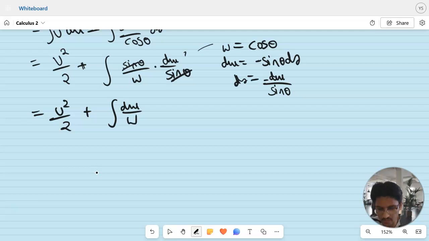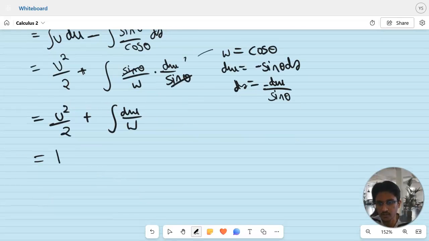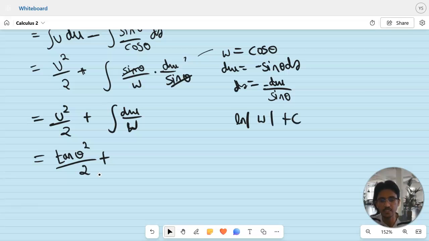Next step, u squared. What was our u? Tangent theta. So tangent squared theta over 2 plus, and we know if we get dw over w, we should think of natural log. That alarm should go off: that looks something like du over u. So it's going to be natural log of w plus c. Almost done.